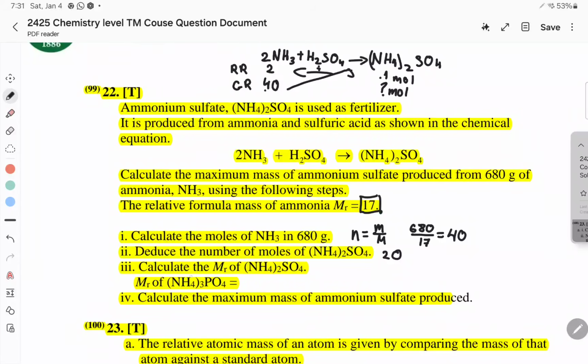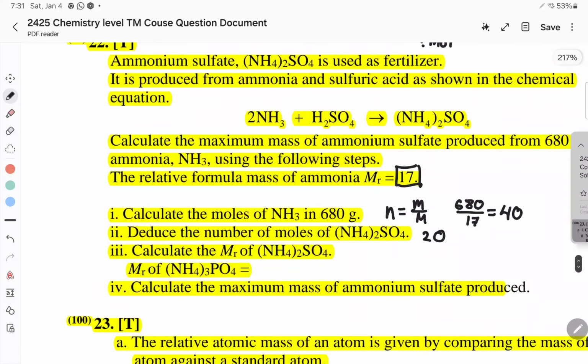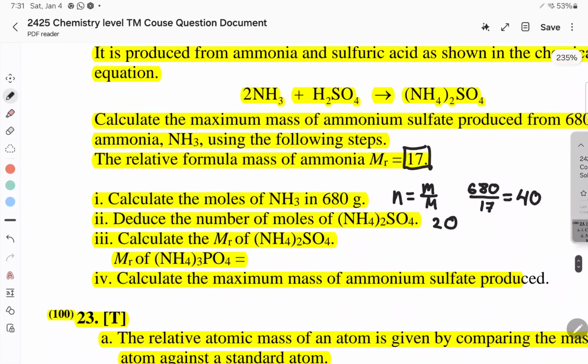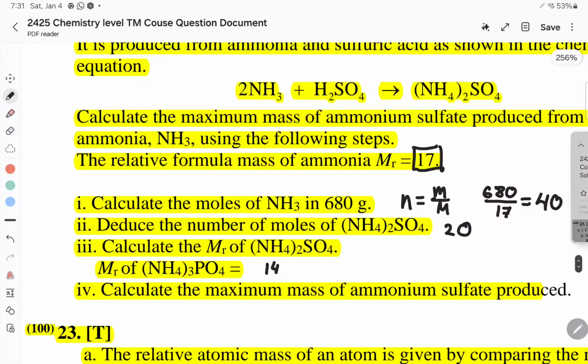Now here they want you to calculate the molar mass of (NH4)2SO4. For this you need a periodic table. I have one in front of me, so let's see. N is 14 plus H4. One H is 1 gram, and you have 4 of it, so plus 4, and all of this multiplied by 2, because that's a subscript.